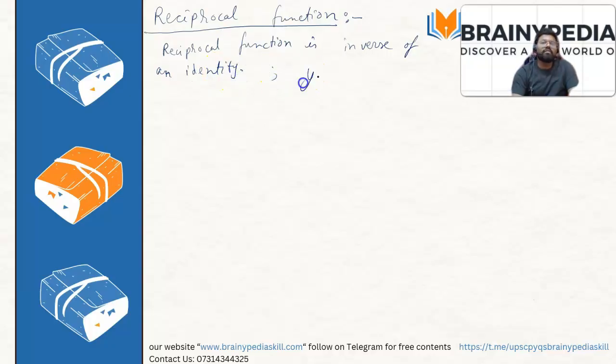So y equals f of x. Identity was x, so it should be the inverse, so 1 by x. Clear? So it is the equation of a rectangular hyperbola.